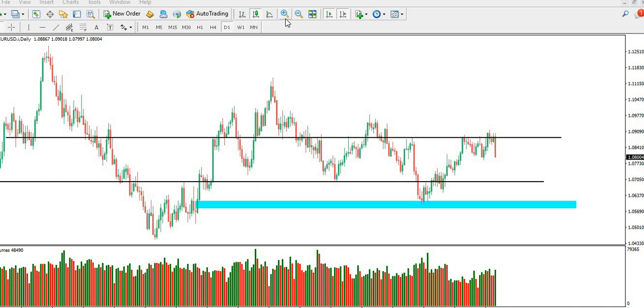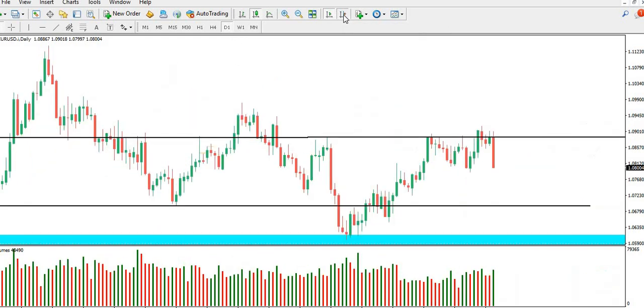So why do I think the market will be bearish in the coming week? Because at this point the market has created relative equal highs. The market, let me straighten it out, sometimes it becomes a headache for me.